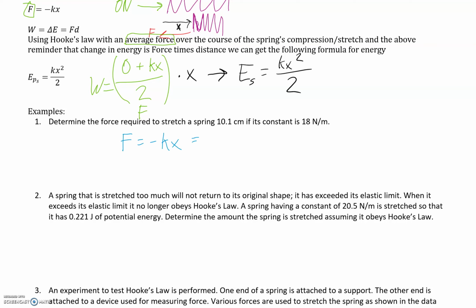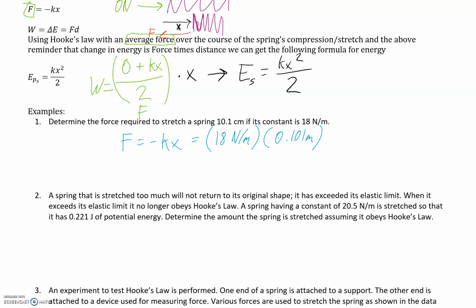So it is 0.101 meters times the k value. I actually kind of did these backwards. I'm going to put it in the right order: 18 newtons per meter times 0.101 meters. Okay, and why am I ignoring the negative? Because it doesn't actually tell us what direction we're talking about.